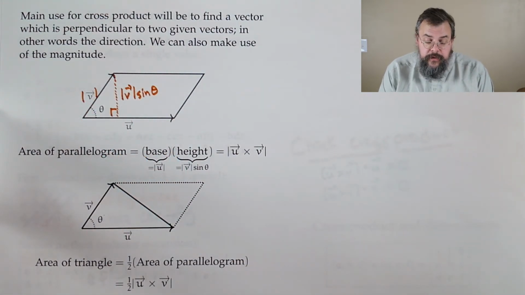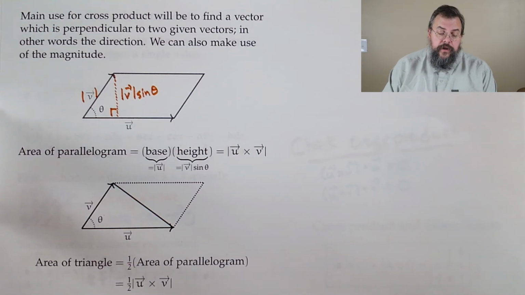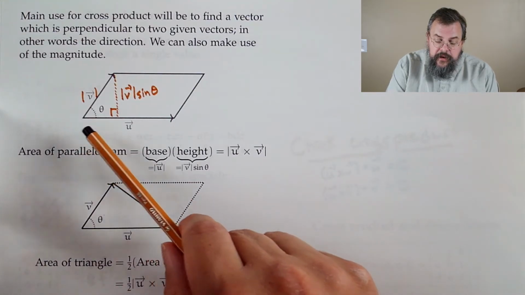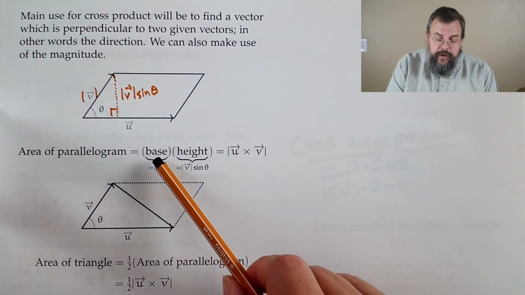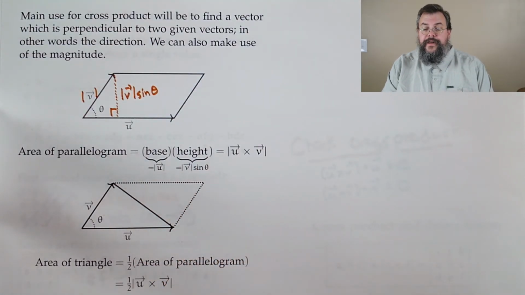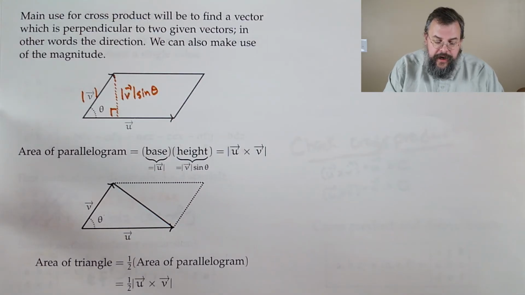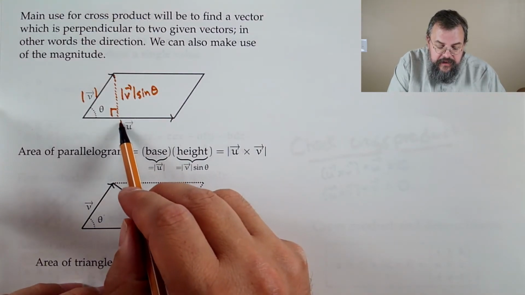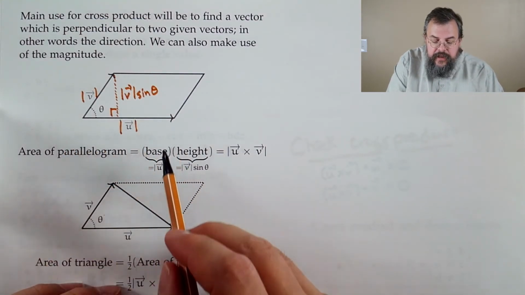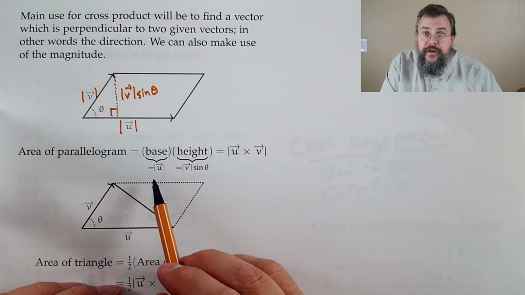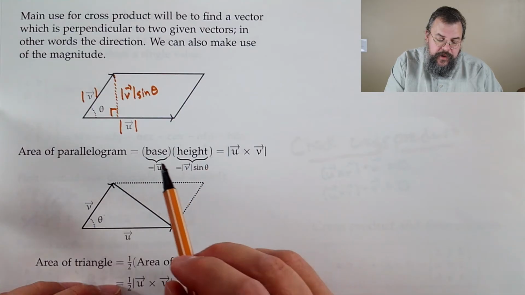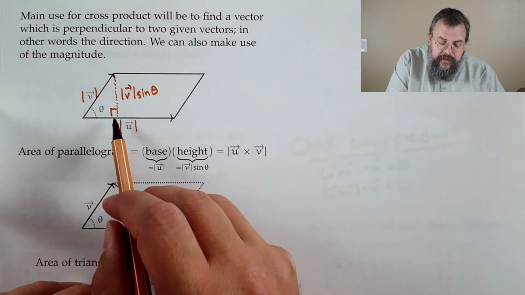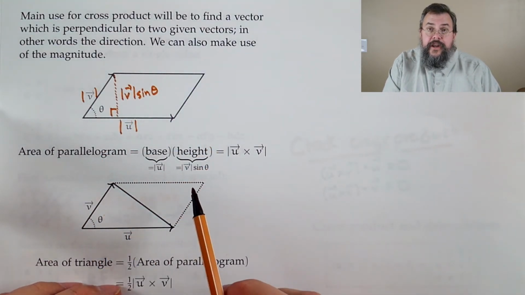Now, look at the picture. What do we have here? Well, we have a parallelogram. Now, how do you find the area of a parallelogram? It's base times height. Well, we've got our pieces. The base, I can now think of as having length magnitude of u. The height, well, that's this length, magnitude of v sine theta.